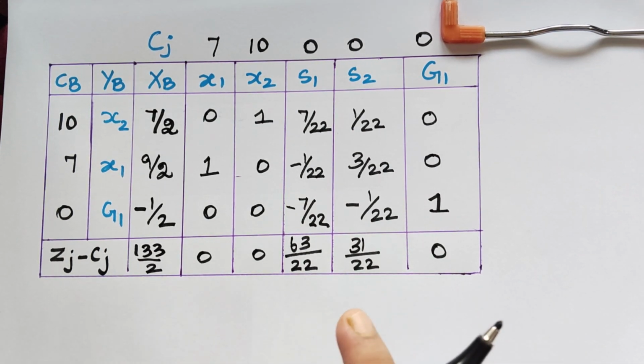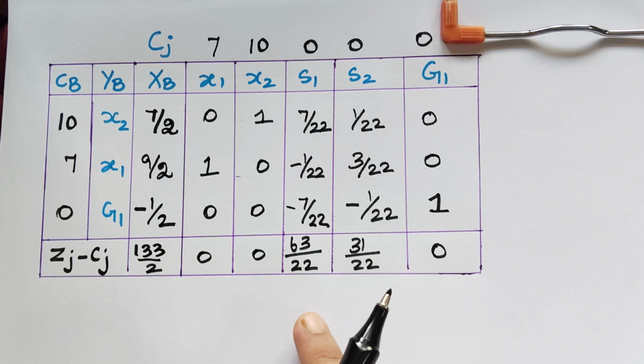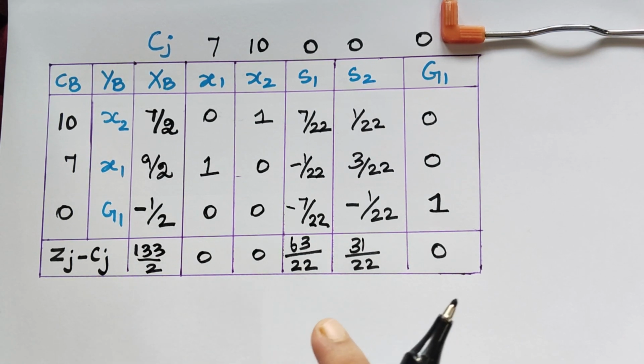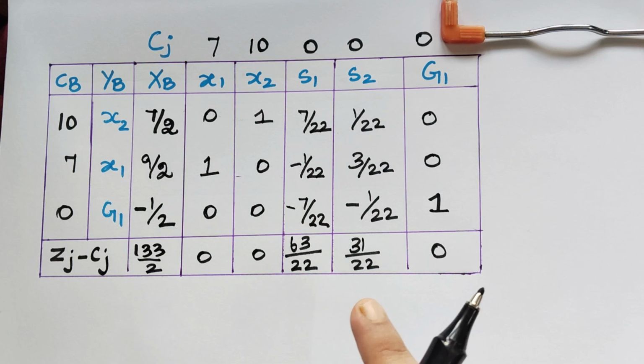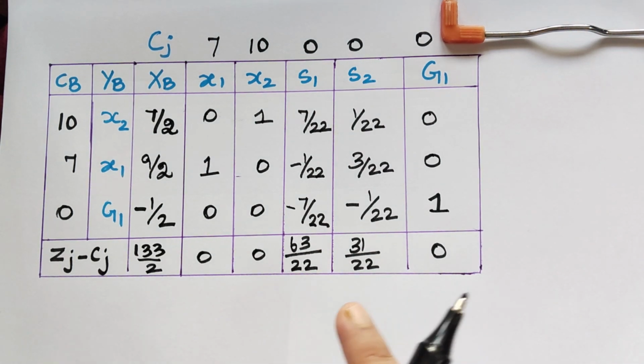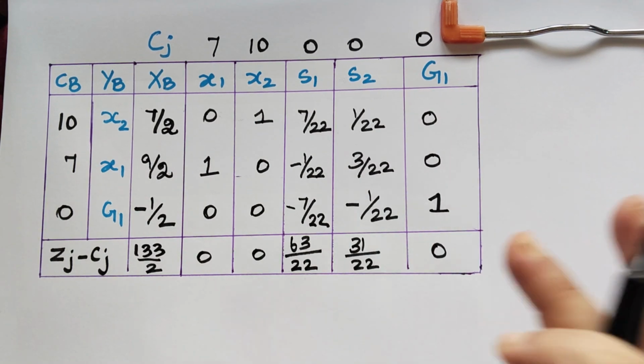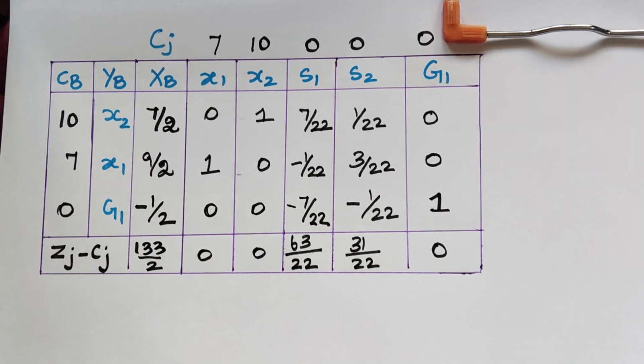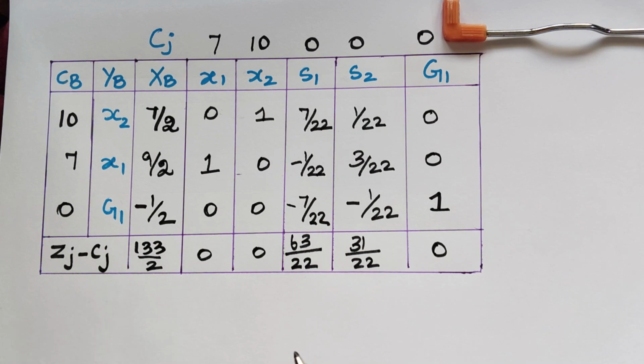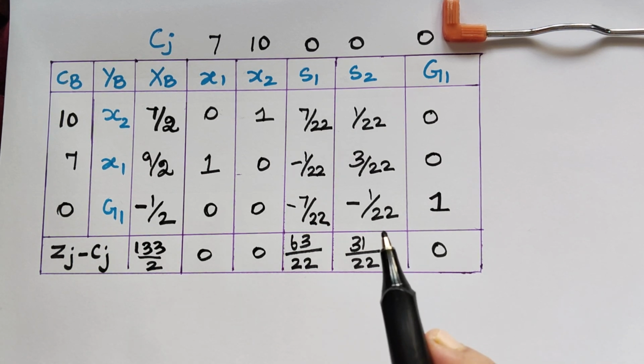Because it is not feasible, we have to apply the dual simplex method to recover the feasibility. This is why I told you in the beginning that you must know the dual simplex method in order to solve this. If not, I will explain it explicitly in this lecture, so please kindly follow it. In the simplex method, first we find the entering column.